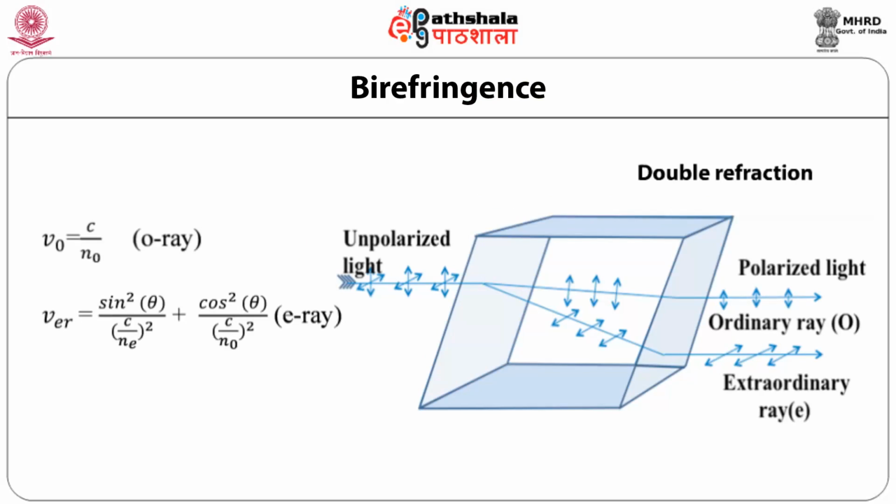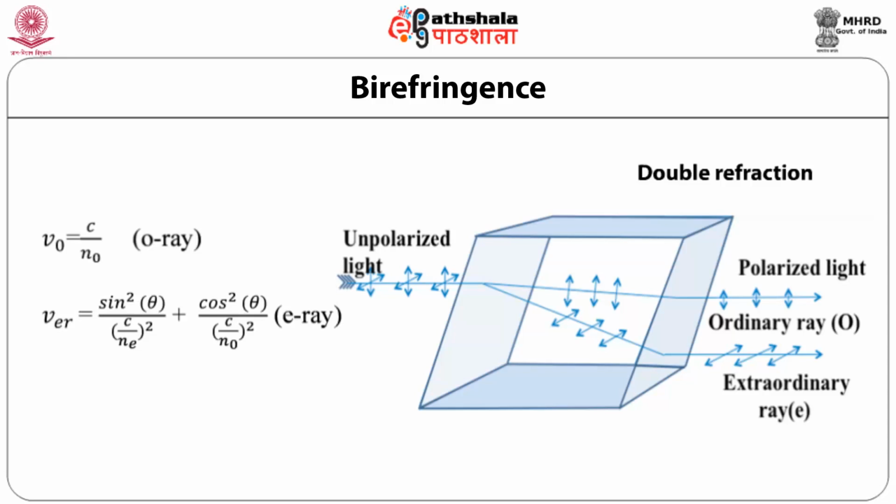When an unpolarized light beam is incident on a calcite crystal, it usually splits into two linearly polarized beams. The beam which travels undeviated is known as the ordinary ray, or O ray, and obeys Snell's laws of refraction. The second one doesn't obey Snell's law, is known as the extraordinary ray, and is abbreviated as E ray.